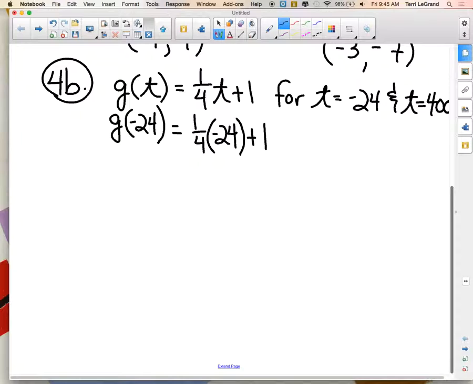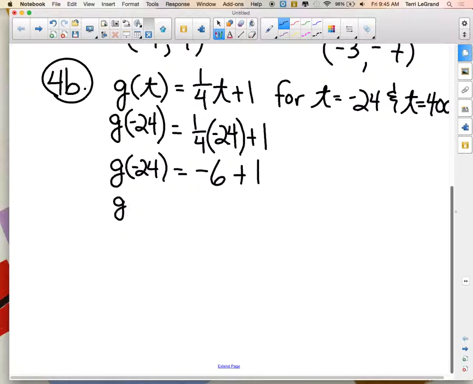Now let's make this easy to do without our calculators. Okay. First of all, I'll write this down. G of -24. A positive times a negative is a negative. And 1/4 of 24 is really the same as saying divide 24 into 4 parts, right? So what is it? It's 6, and we already had decided it would be negative, didn't we?